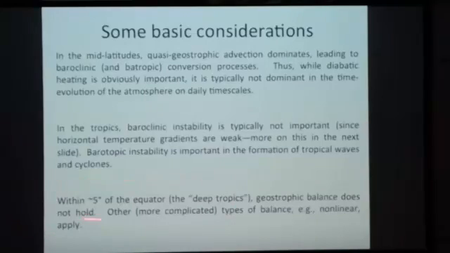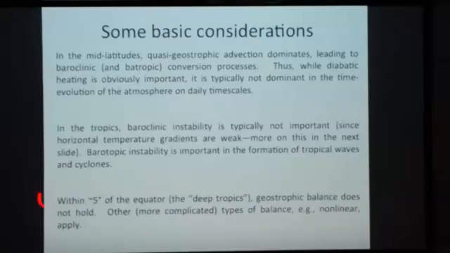And I would also point out that if you're within 5 degrees of the equator, what people sometimes refer to as the deep tropics, there's no hope of geostrophic balance holding. The Coriolis parameter, associated with the rotation of the Earth and the spherical geometry, vanishes at the equator.